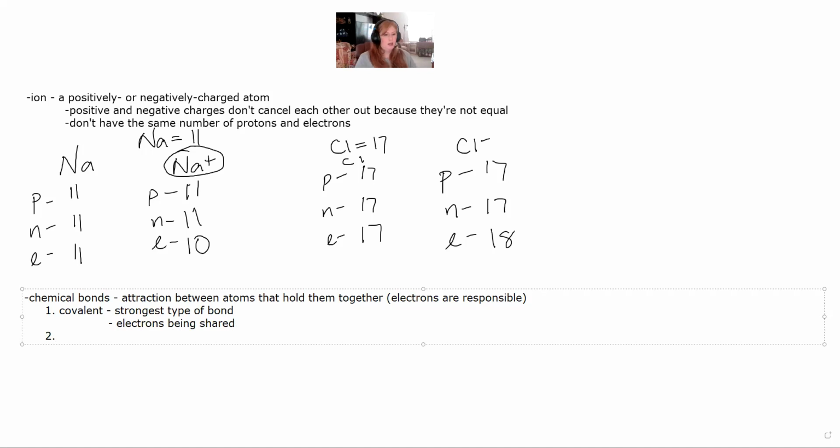Okay? The second type of bond is an ionic bond. All right. Ionic bonds. Ionic bonds are a bond that's formed between, surprise, ions.